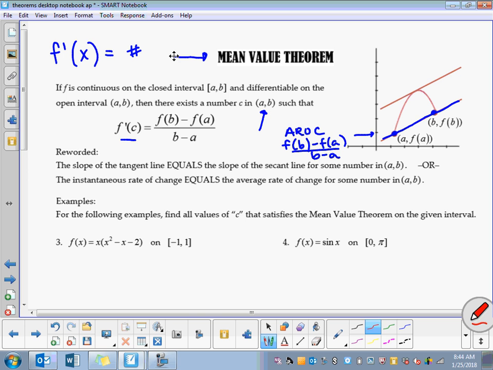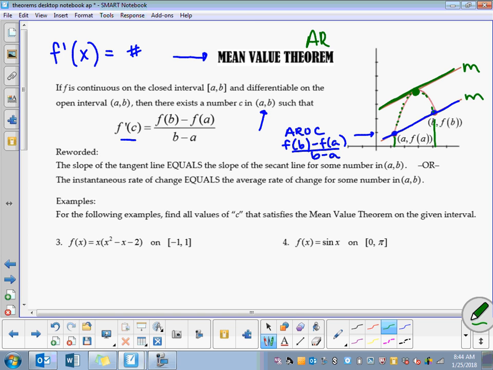The mean value theorem says that somewhere between A and B, there's another point on the curve where if I do a tangent line, that tangent slope is the same as that average rate of change slope.